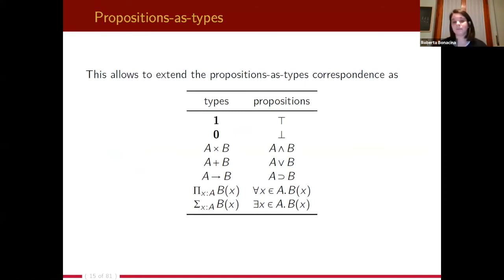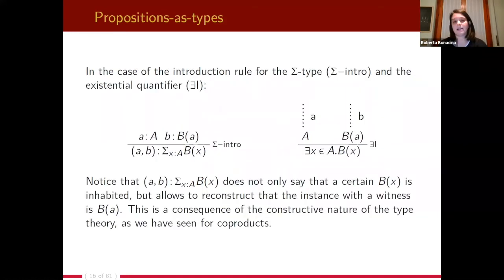And those types allow us to extend the correspondence. We have already seen the first 5 correspondences, and now we have that the pi type can be associated to the for all, and the sigma type is isomorphic to the existential operator. Again, the introduction rules behave accordingly to this isomorphism.